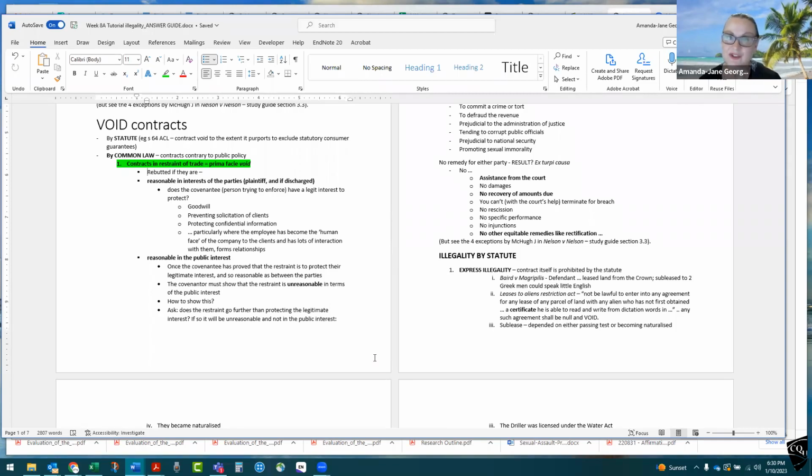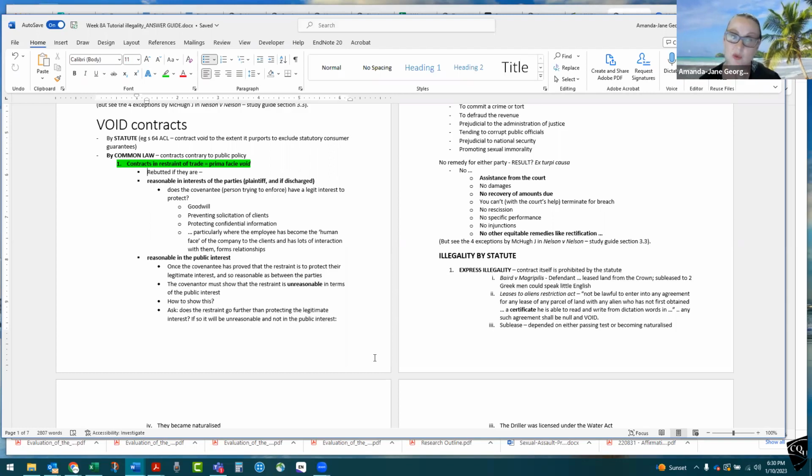And that is a restraint on your trade, okay? So the court looks at that with a fairly strict eye, and obviously because they don't want people to be out on the streets paupers, they don't like the extinguishment of one's ability to make a living. So they will be prima facie void, as you can see there.